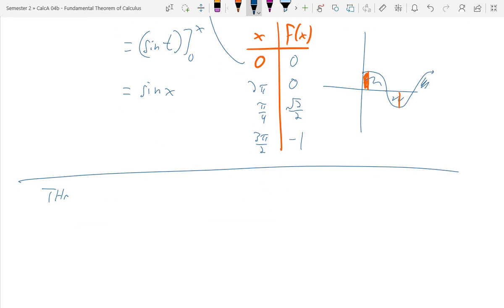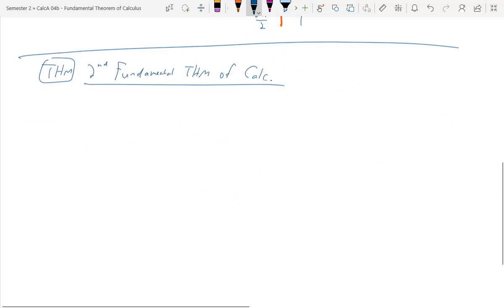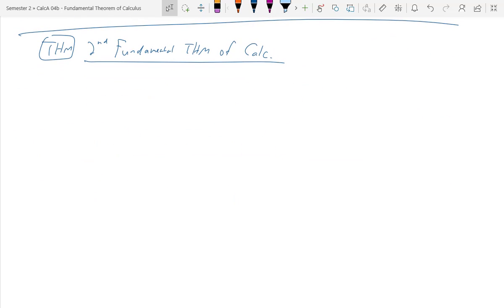The theorem that we're focusing on today is the second fundamental theorem of calculus. There are only two. And it states something that's going to seem really obvious, but is going to become incredibly important to use.